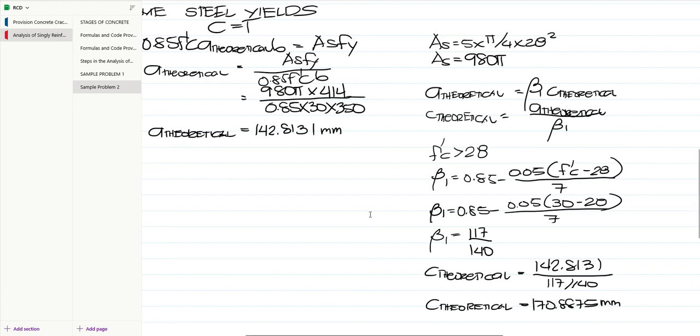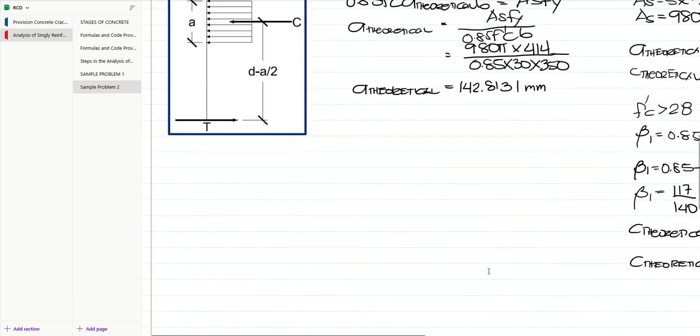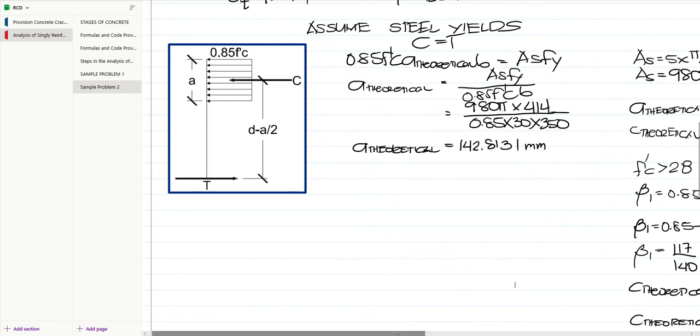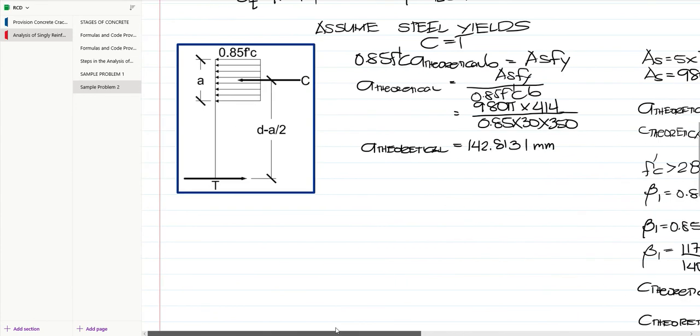So now, since we have determined the A theoretical and C theoretical, we will now proceed in getting the actual steel stress, or the theoretical steel stress, so we could verify if our assumption is correct that steels are yielding. So to check, we will be needing the strain diagram.